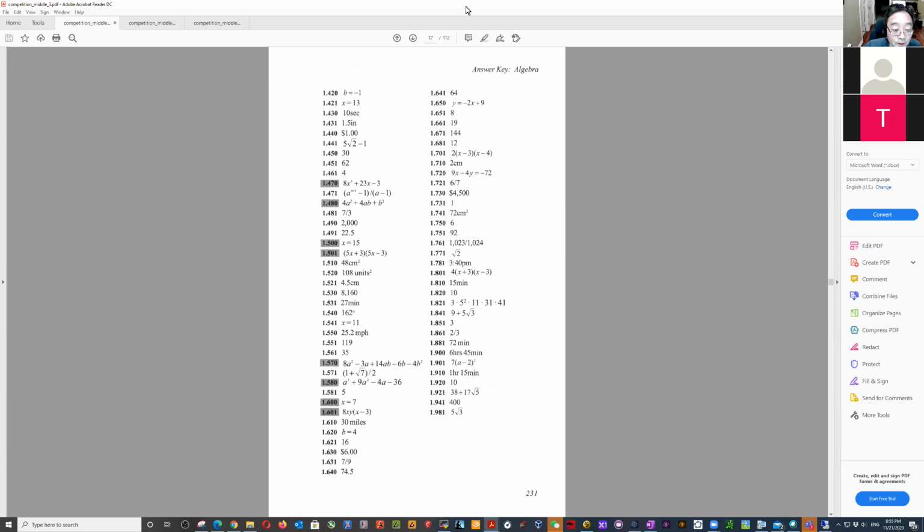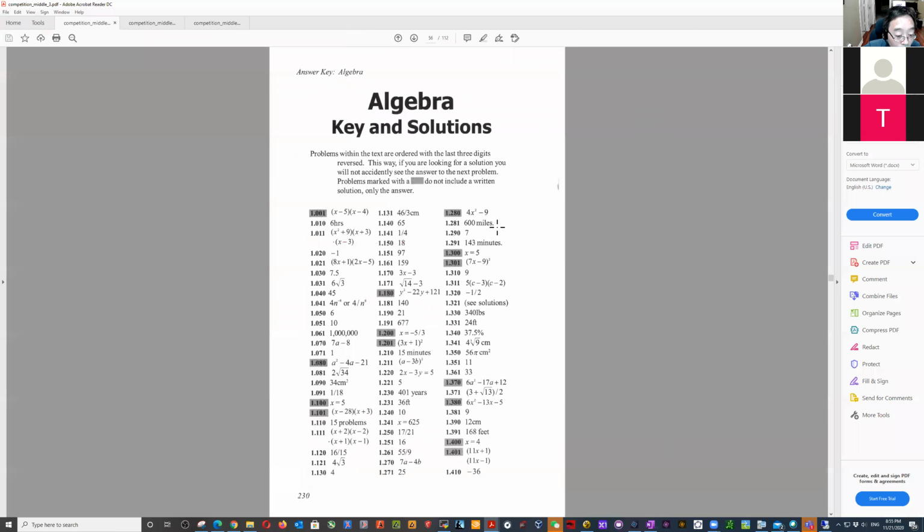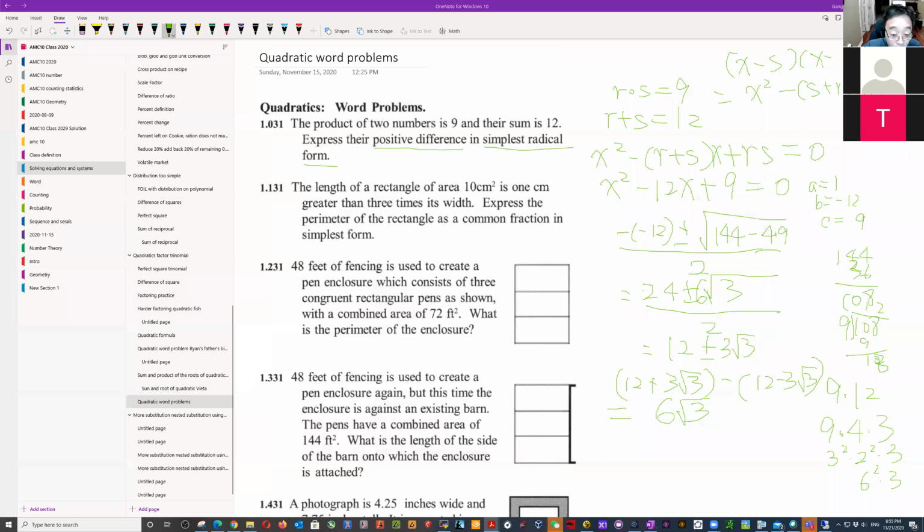For example, this is problem 1031, 6 square root of 3. So I actually got the right answer. This type of problem, the Vieta related problem, may not be very straightforward. It may not be too easy, but if you do the right thing, you will get it.